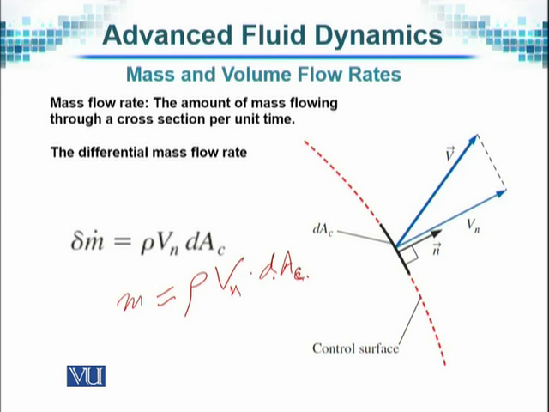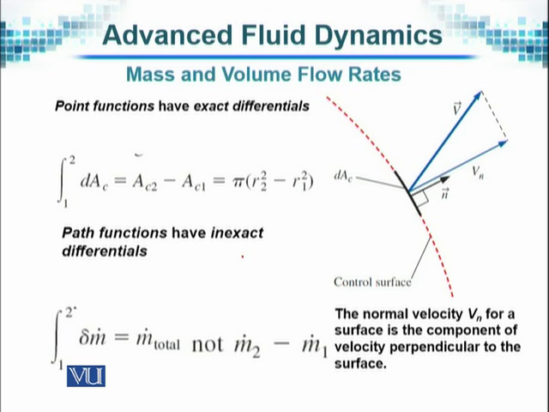The volume is three-dimensional. So if A represents the area, then Vn is the normal quantity, and we multiply with that within the control surface to obtain the volume. So delta m, the total mass, will be the density times these other quantities shown here.